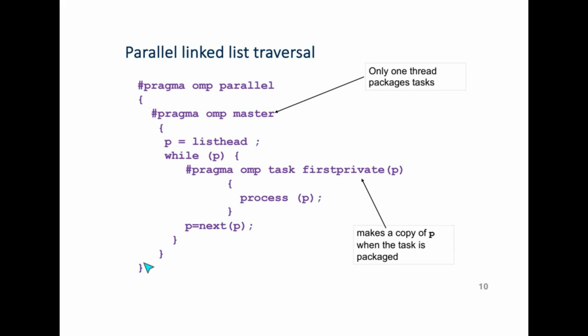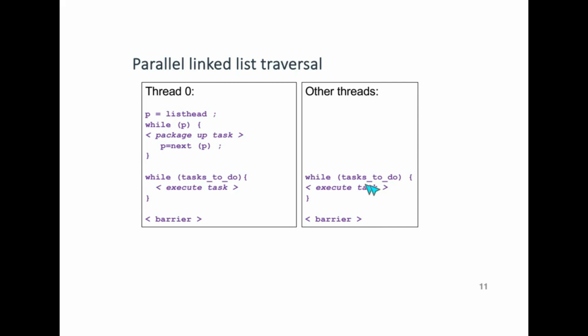But before they enter that barrier, they have to check that there are no outstanding tasks. So instead of actually going into the barrier at the end of the parallel region, what those threads will do is go into a loop that says, okay, are there any outstanding tasks to execute?